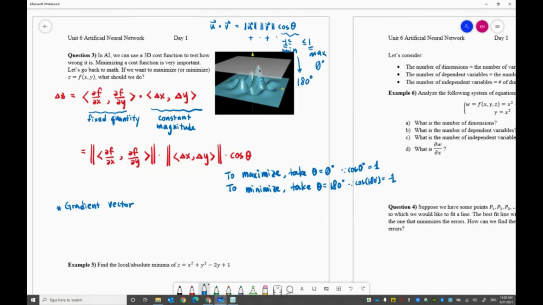Then if we know the direction, I can say the definition of this gradient vector: given function g with the function of x and y, we are going to say the fixed quantity, the partial vector, as nabla f. So for the fixed one, we are going to give a new name, so we don't have to write the partial with respect to x, the partial with respect to y all the time. We are going to just call this one nabla f.